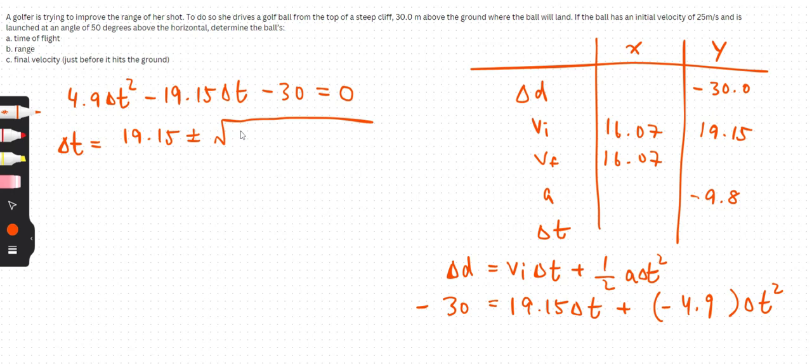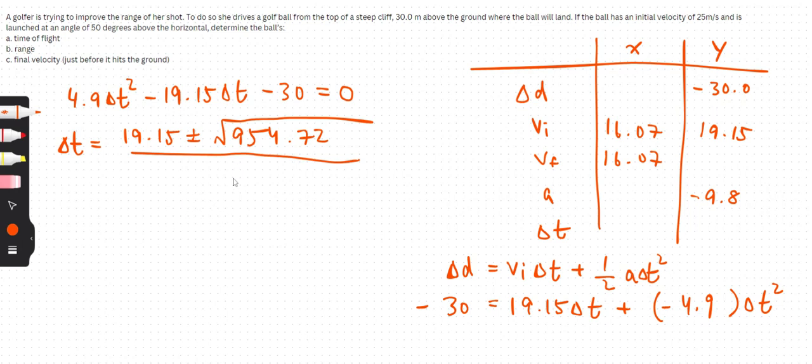of b squared. I'm just going to do this in my calculator. B squared minus 4 times 4.9 times negative 30. And I got 954.72. I hope this is the right answer because I didn't do this question before.